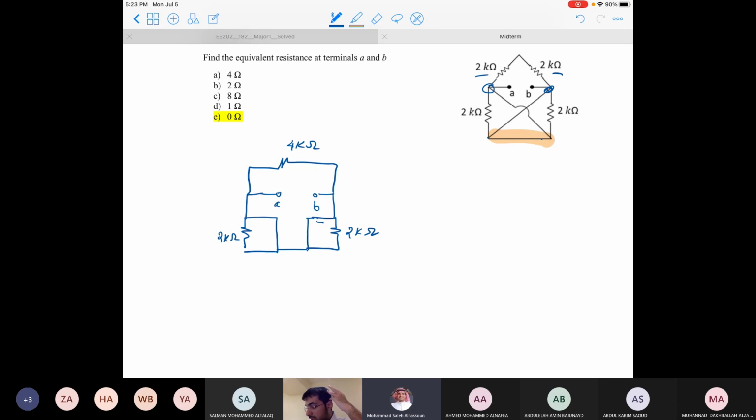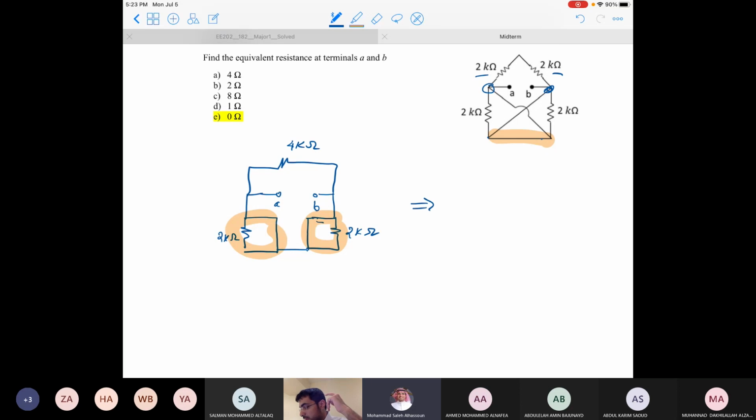Now, if I ask you to find the equivalent resistance between A and B, you would start with this combination and this combination. You have 2 kilo ohm in parallel with the short circuit, so the equivalent resistance is 0. Another one, 2 kilo ohm in parallel with short circuit, the equivalent resistance is 0.